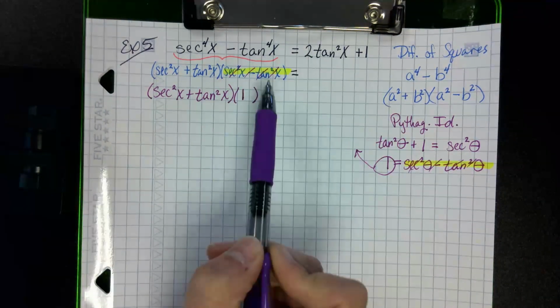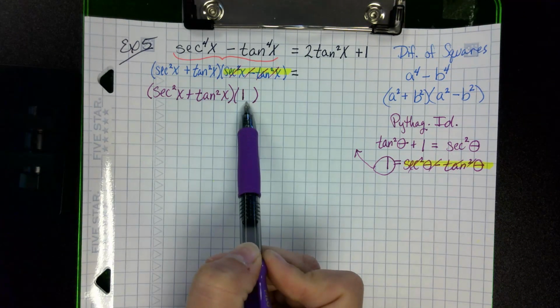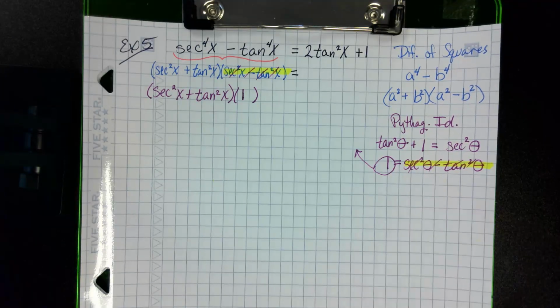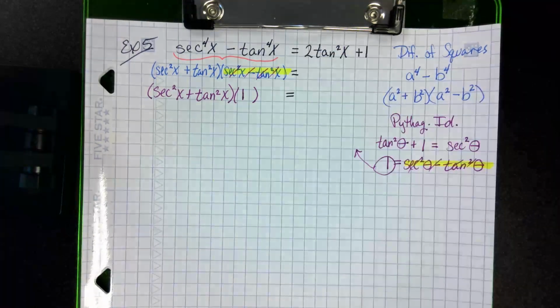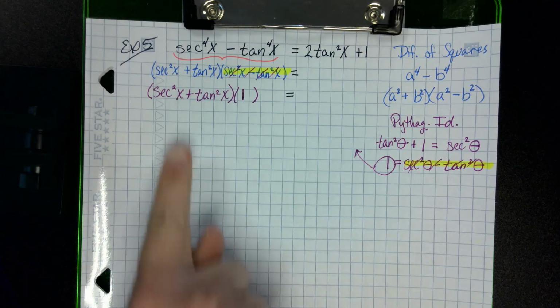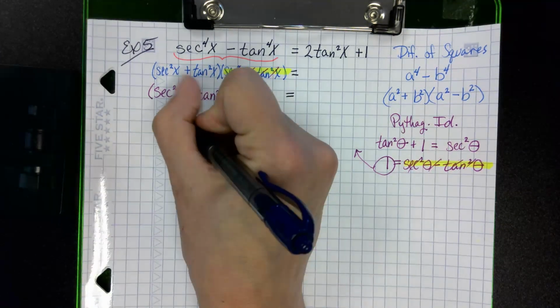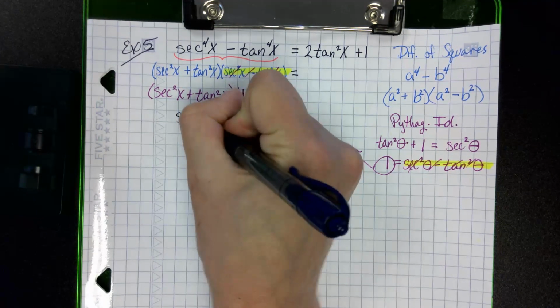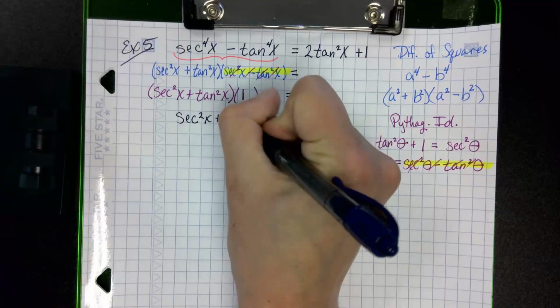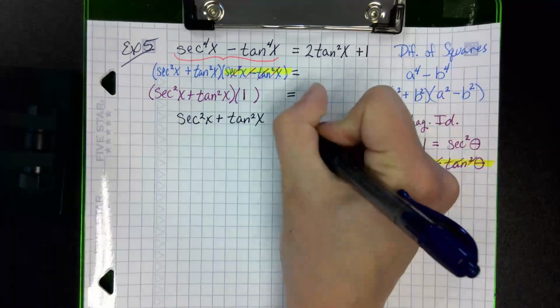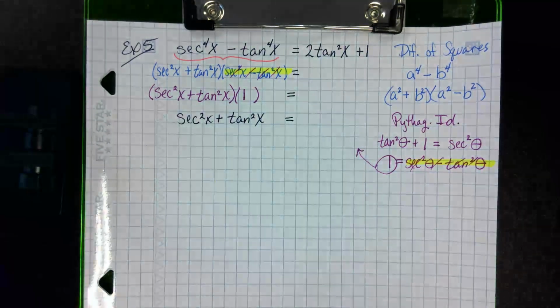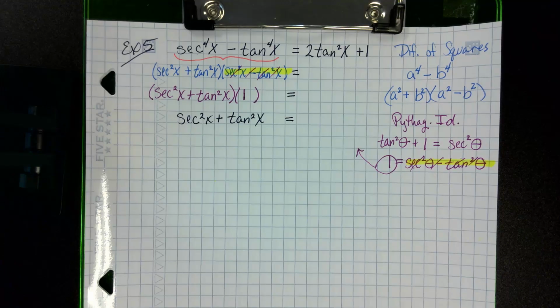So I'm showing that I turned this into 1 by the Pythagorean identity. And it equals whatever's over there. So then if I multiply the two sets of parentheses together, now I just have secant squared x plus tangent squared x equals whatever's on the right. Because if you multiply by 1, it's just whatever it is.